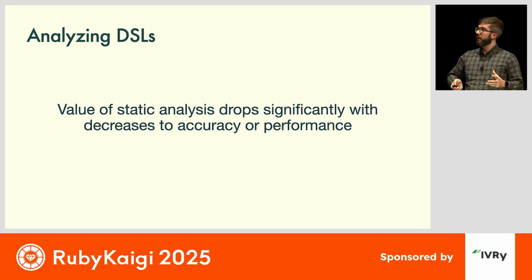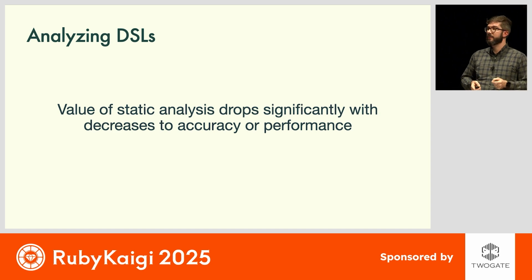Even if we could create analysis that's super accurate, if it takes 15, 20 minutes to run a single cycle of analysis, then the usefulness of it becomes very small. We need the tools to be performant. So we're always trying to find the balance between the usefulness that we can provide, the more accuracy that we can provide, and the performance cost.